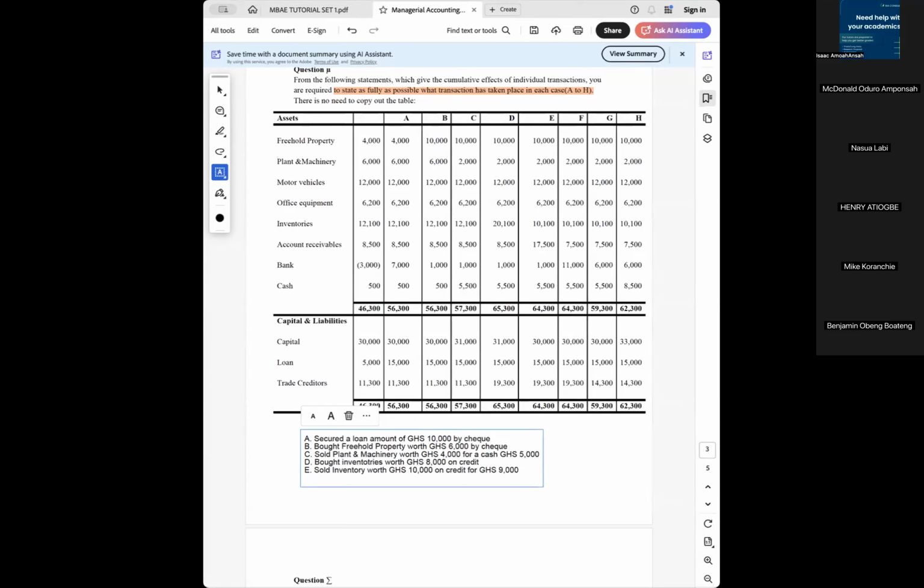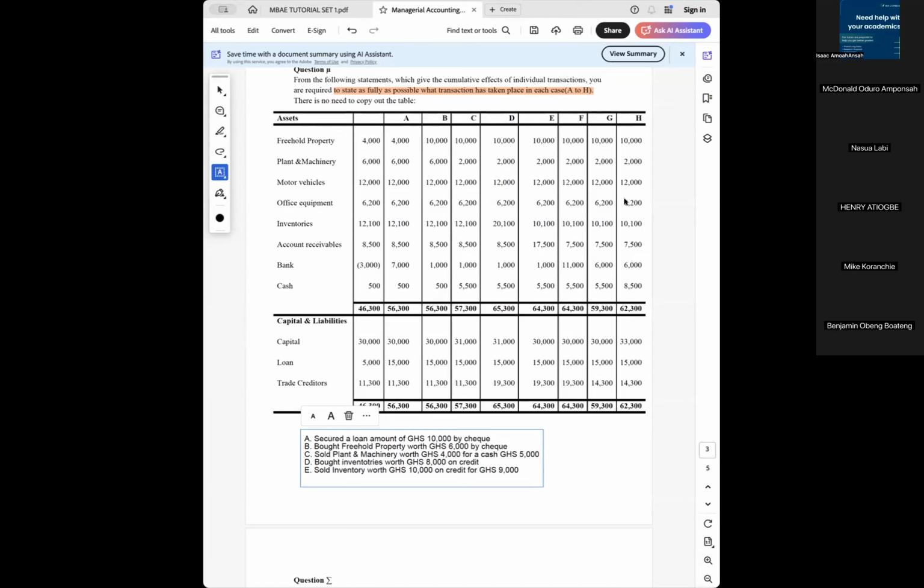Okay. So we see a change in figures at account receivables, which most likely, and also an increase has to do with credit, money back to my creditors. Hello?